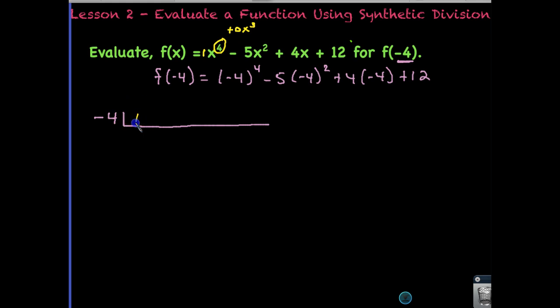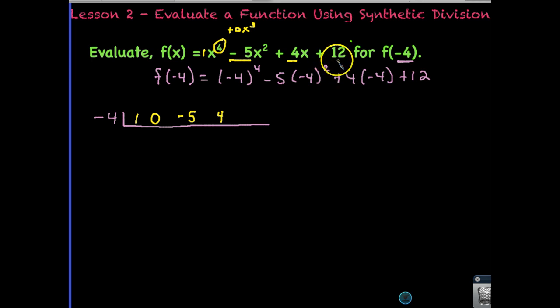I have a 1 with my x to the 4th term. We already established that we don't have an x to the 3rd term, so I would need to put in a 0 as a placeholder. For my x squared term, I have a negative 5, and it's very important to keep the sign with the coefficient. For my x term, my x to the 1, I have a positive 4, so I can write that in.